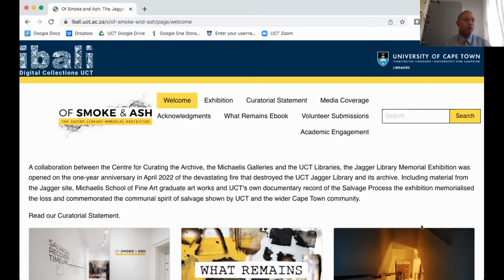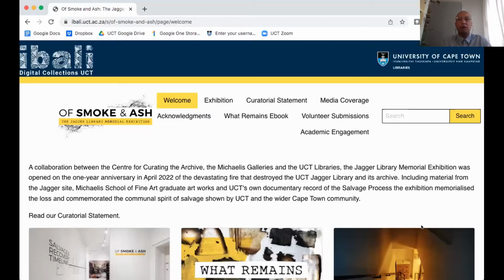This period of salvage was really significant, partly because it was the first time that members of the public were able to get such intimate access to archival and knowledge resources that were kept under the custody of UCT Libraries. The entire program was managed by the UCT Library Administration, but it was a communal process of the salvage and recovery of these archival remains.